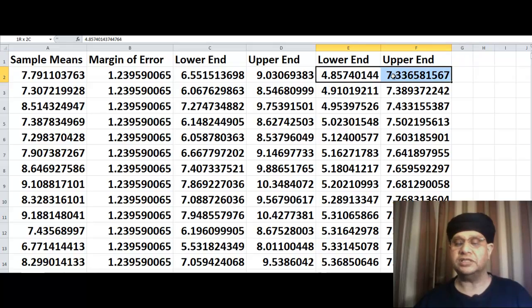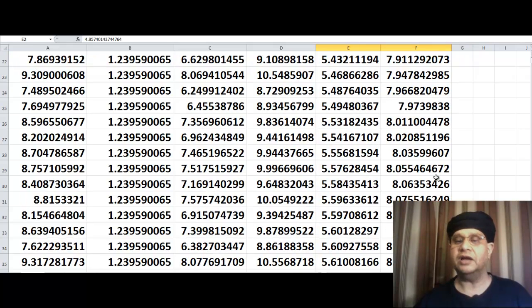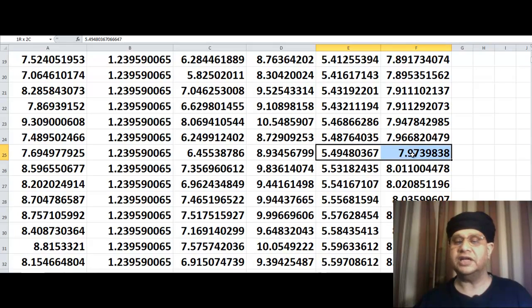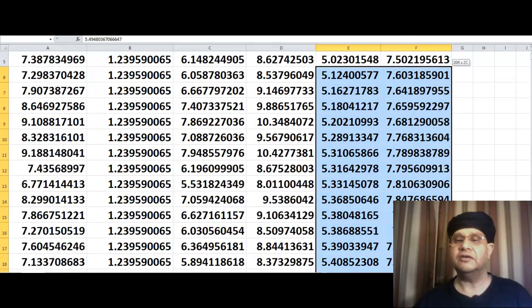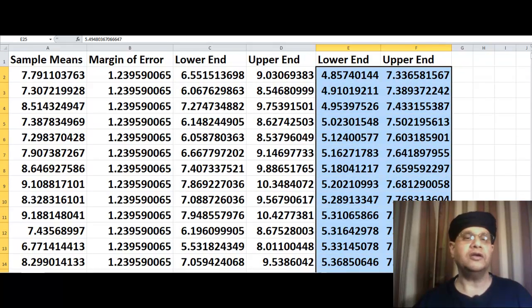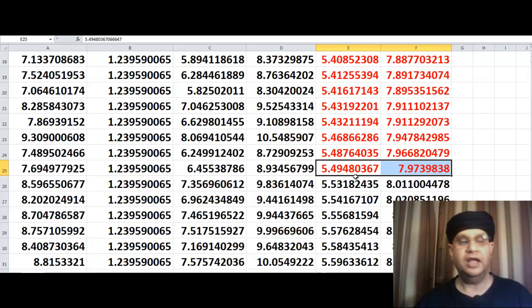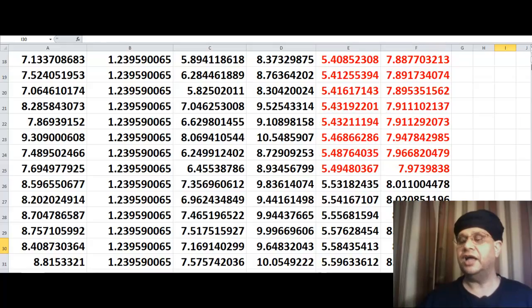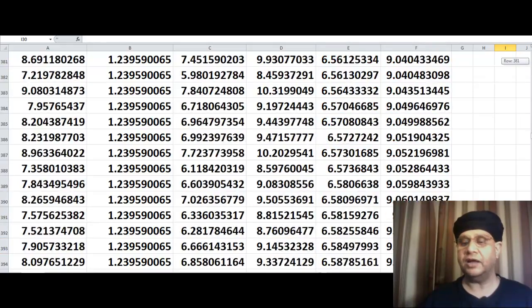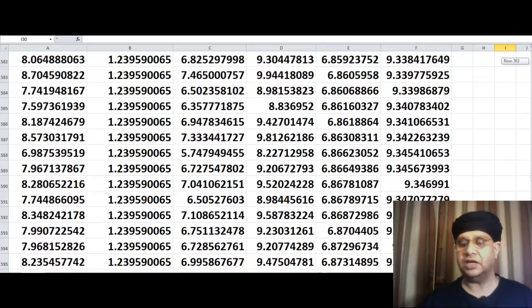So notice this, there are lots of intervals that are losers here. All of these failed to capture the value 8. And how many of them failed? There are 24 of them. So 24 of them have failed on this side to include the mean 8. And let's see what happens on the lower side.